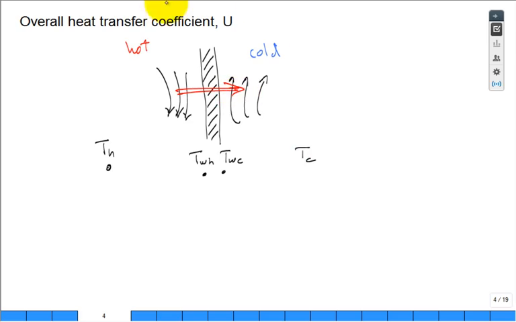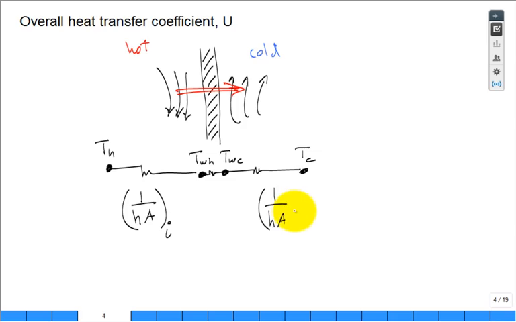Okay, and so we would have a thermal resistance, a thermal resistance, and a thermal resistance. Again, 4 distinct temperature nodes and 3 distinct thermal resistances. This would be a 1 over hA on the hot side times the appropriate area. That would be maybe on the inside or hot side, different notation. Let's say inside. This would be 1 over hA on the outside.